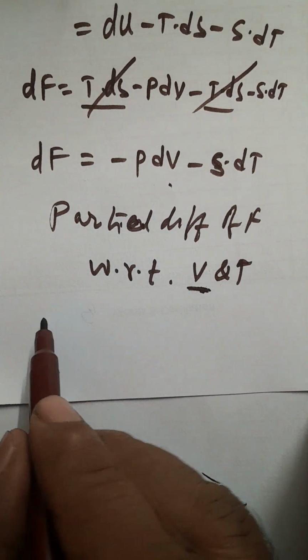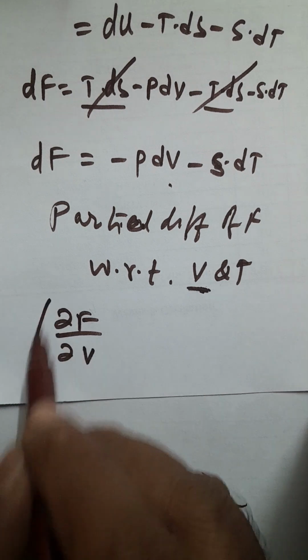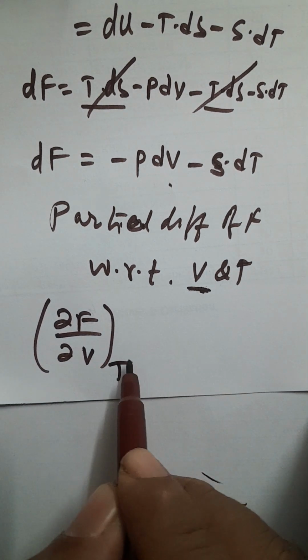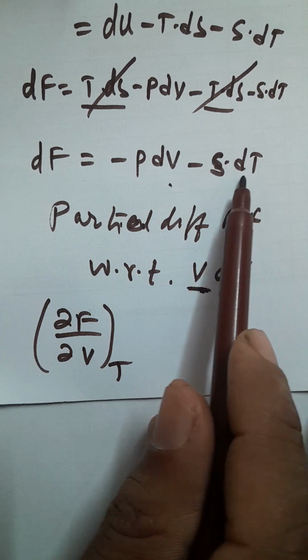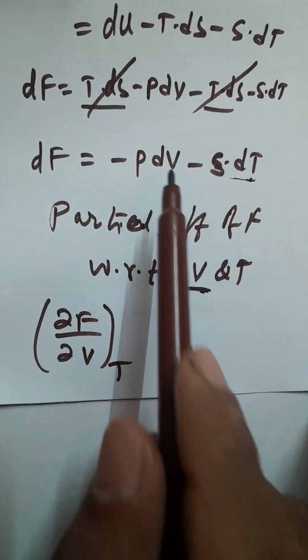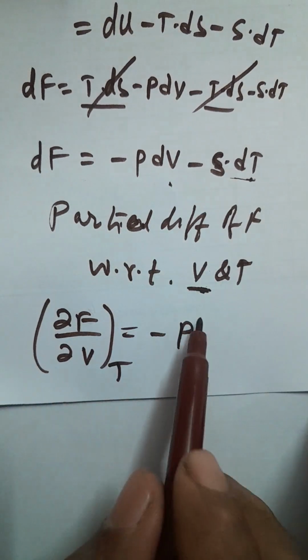That means dou F by dou V, with temperature constant. If temperature is constant, the differentiation of the constant is 0. That means we will write minus P into dV by dV, whose value is 1.